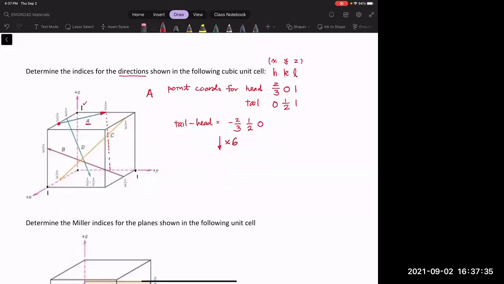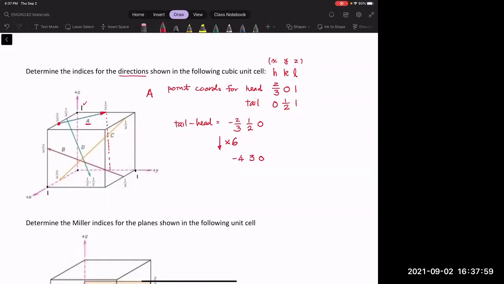So then we multiply by 6, so that all numbers will be integers. Now multiply by 6, then we got negative 4, 3, 0. But this is not the end.